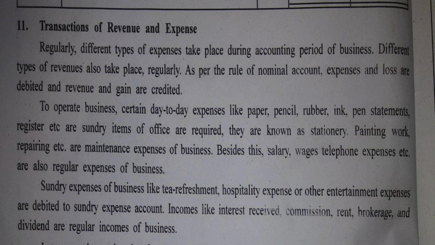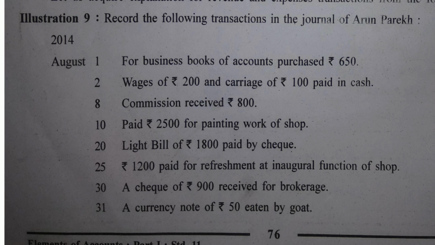Sundry expenses of business like tea, refreshment, hospitality, etc. So 1200 paid for refreshment will be debited to sundry expense account. As per the rule of nominal account, all the expenses are to be debited, and hence refreshment expense, considering it as sundry expense, will be debited.